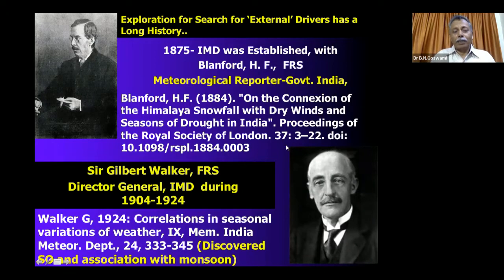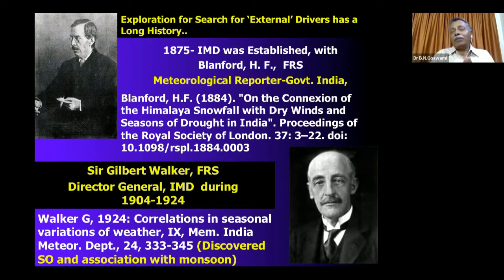Then later on, Sir Gilbert Walker came in, and he looked systematically at the correlations between the Indian monsoon rainfall and winds, weather, and many of the global climate modes. As I mentioned, climate modes means things like El Nino and the Southern Oscillation, and others in different parts of the globe. In doing that, he discovered that the pressure variations in the east and west Pacific go out of phase, and that seemed to be strongly related to the Indian monsoon, and that is how he discovered the Southern Oscillation and the association between the Southern Oscillation and the monsoon.